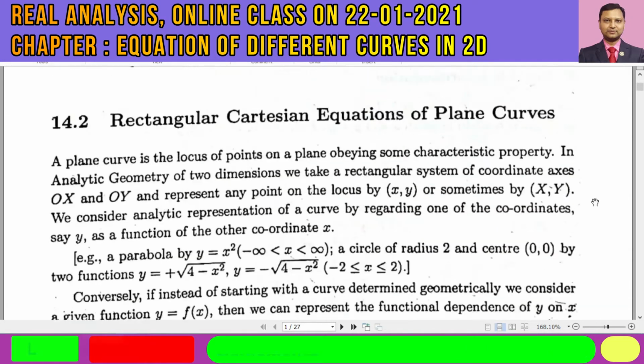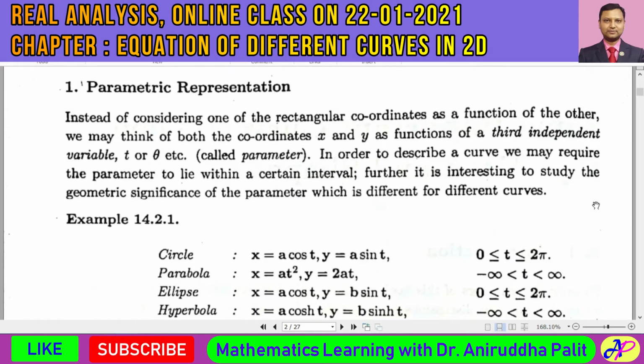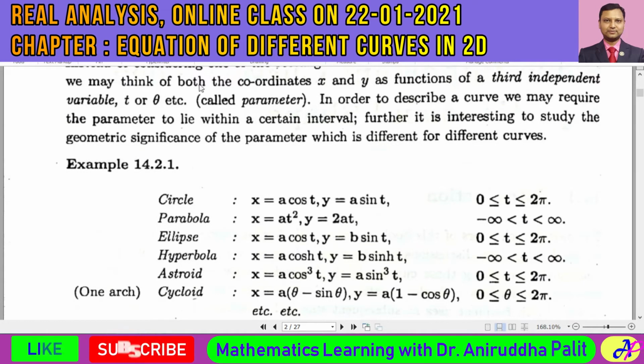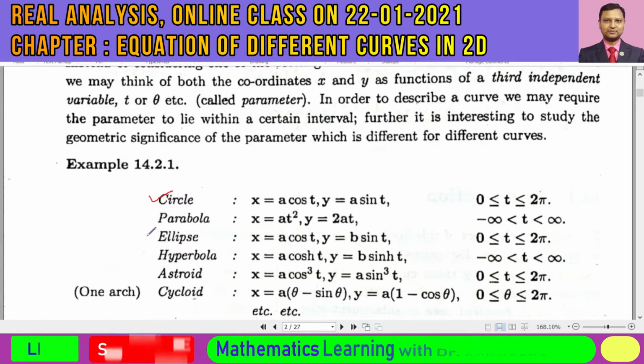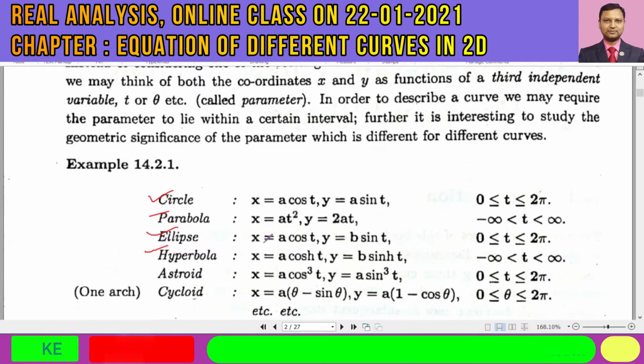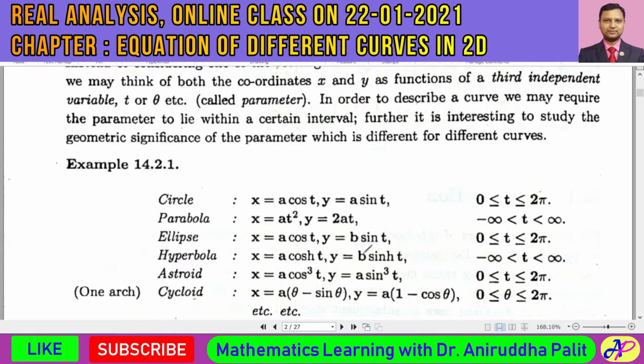All right. So we know all these kinds of standard curves like circle, parabola, then ellipse, hyperbola, etc. Now we shall study some equations like this kind of equations.